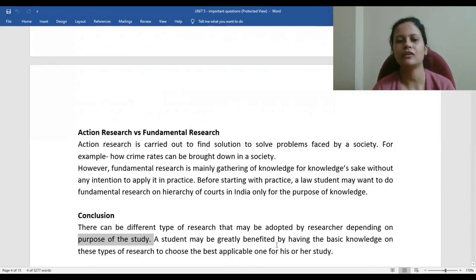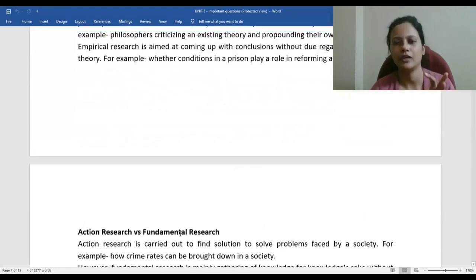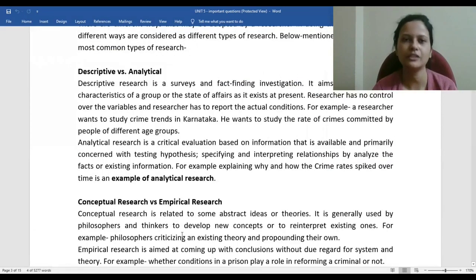A student may be greatly benefited by having the basic knowledge on these different types of research so that you are in a position to explain properly that my research is falling under these different types. So that is why it is fundamental knowledge that we are gaining on research, that there can be all these different types, and you can accordingly decide under which category your research is falling.